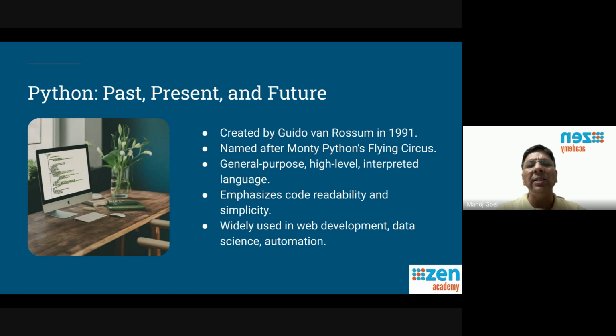In the initial days, if you go back to the 60s, 70s, programming used to be done at a very low level, in the form of zeros and ones. Just to write a very simple program, like 4 plus 5, to compute the sum of two numbers, you had to program at a very low level, and this programming was done in the form of assembly language.